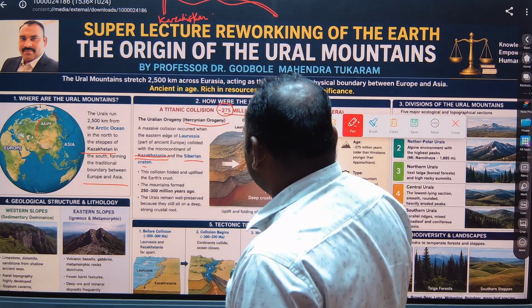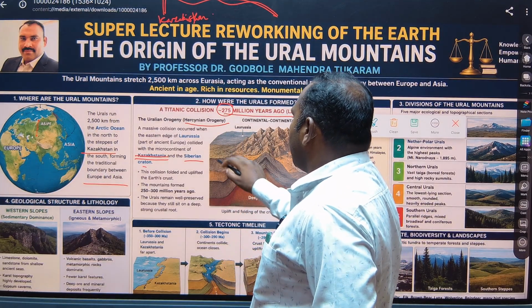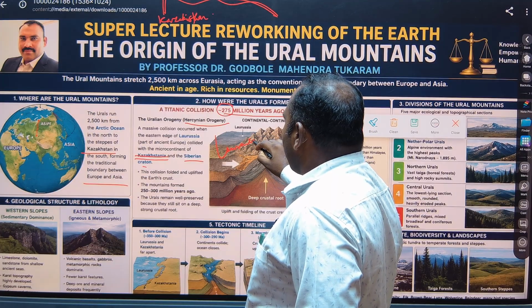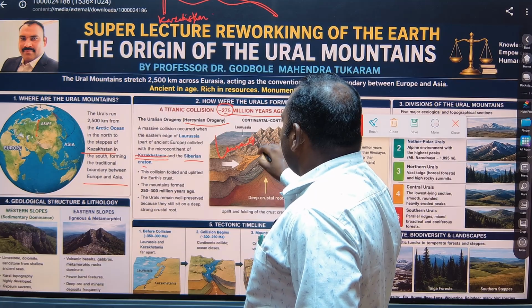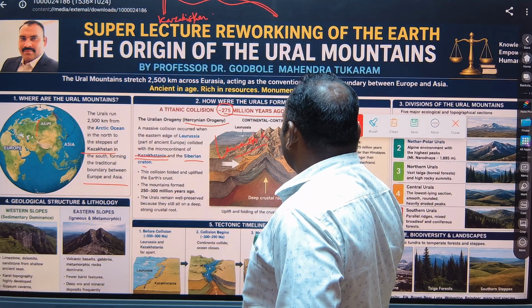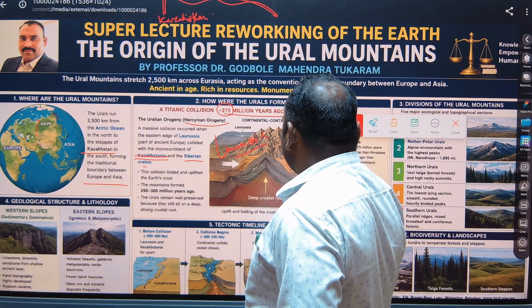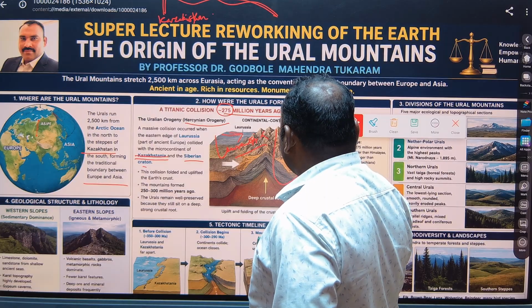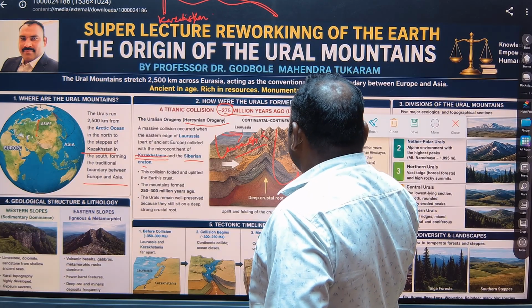Let us take an example. This is Laurentia, and this is Kazakhstan. Kazakhstan is colliding with Laurentia, and ultimately the byproduct was the Ural mountain.